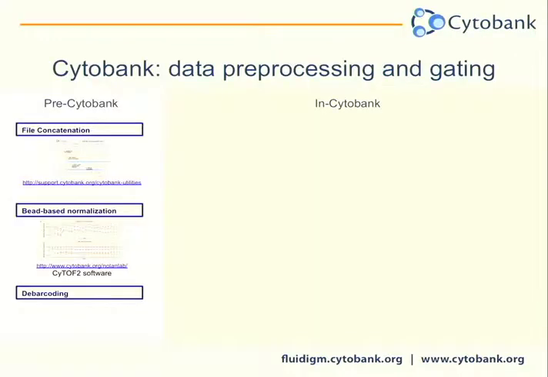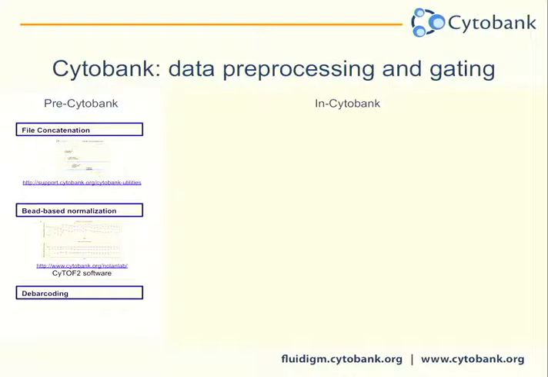Pre-Cytobank, we have a few tools that we have hosted on our site, for example, our FCS concatenation tool, as well as other pre-processing steps before you do your analysis, such as bead-based normalization, and for some of you who are starting to get into it, debarcoding. I believe right now bead-based normalization is built into the CyTOF 2 software.